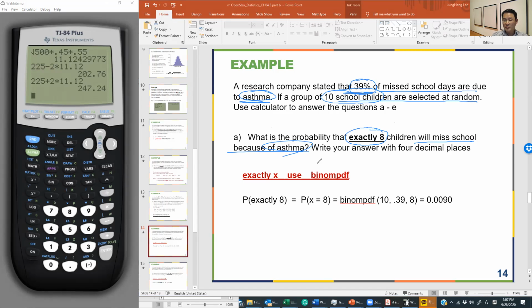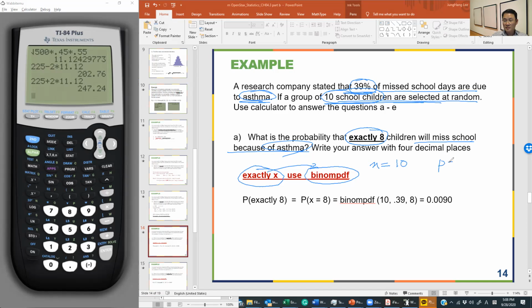Now, remember, it says exactly X number. That means what do we use? We use binomial PDF. Then what's our N, the total number of trials? 10, because 10 school children are selected at random.